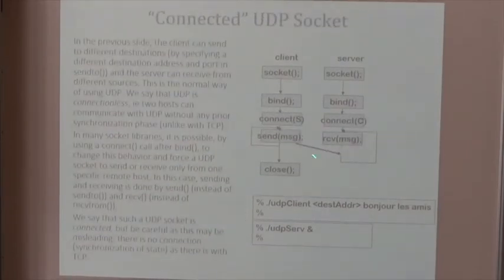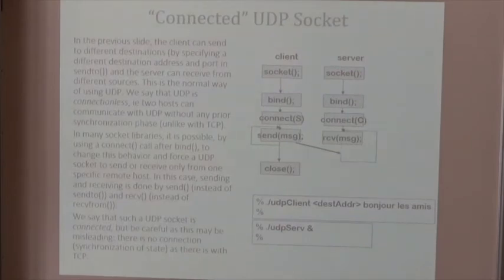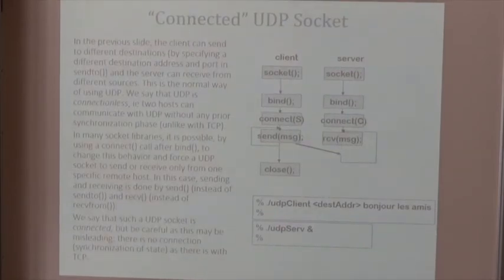Sometimes you hear the concept of a connected UDP socket, which leads to a lot of confusion. Therefore, I'll say a few words about it. UDP is essentially connectionless. There is no real protocol in UDP. UDP simply means I send you one block of information, and before sending it to you, I don't need to inform you that I will send you something. Like you do in the UK, for example.